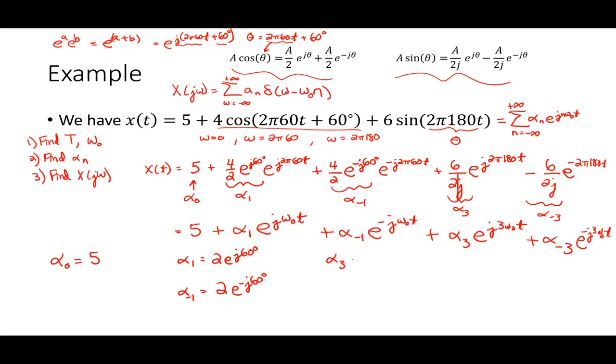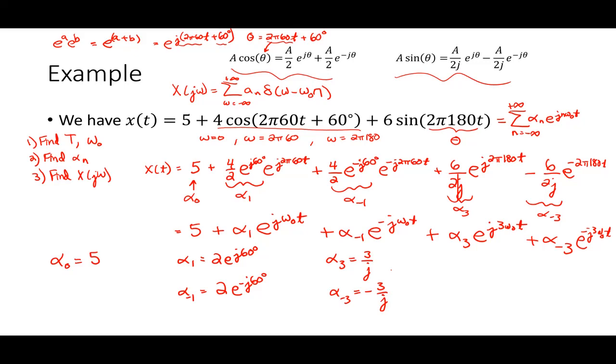Alpha 3 is equal to 3 over j, and alpha negative 3 equals negative 3 over j.